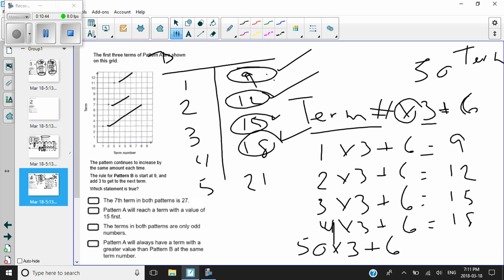If you think about it like quarters, 50 cents plus 50 cents plus 50 cents. Well, 50 plus 50 gives me $1. And then if I had 50 more cents, I'd have $1.50. And if that was pennies, I'd have 150. So I know that 50 plus 50 plus 50 is 150. So 50 times 3 is 150 plus 6.